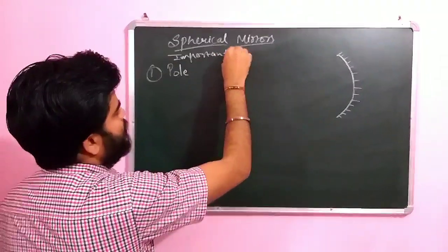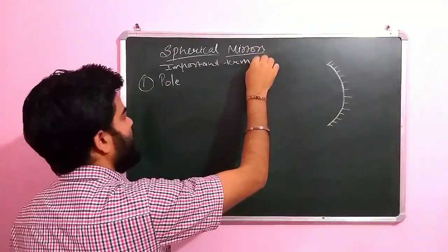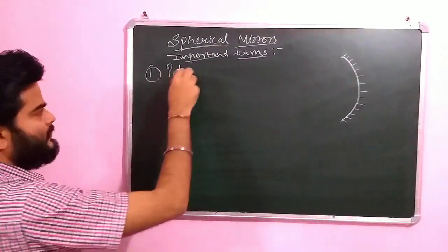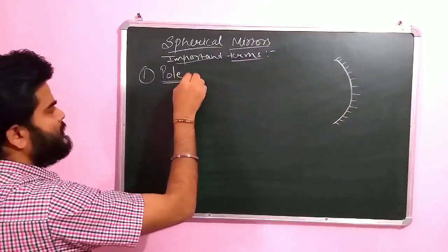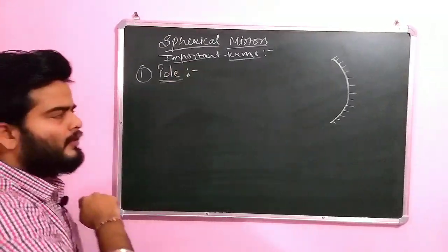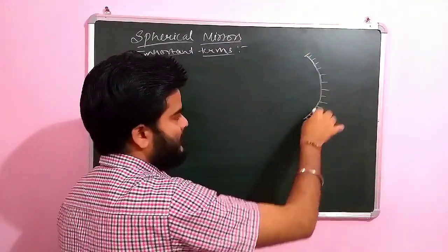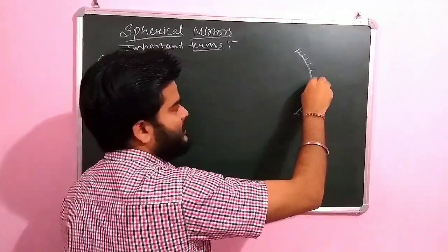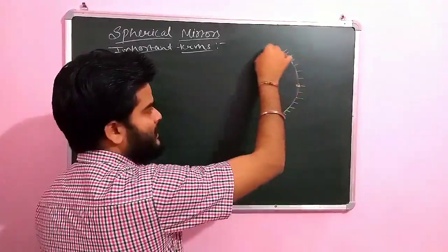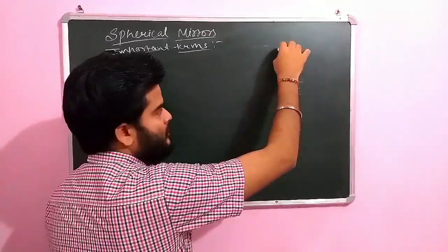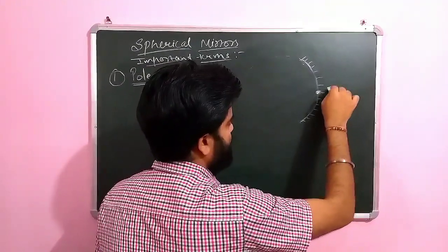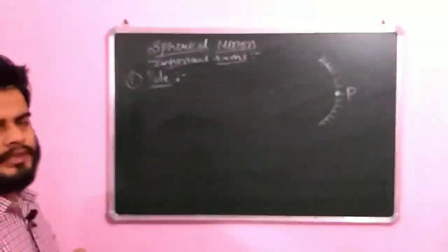We need to know these before we move on to image formation by spherical mirrors. So first term is pole. Pole is what? If this is the reflecting surface of a mirror, the center of this reflecting surface is known as pole of the mirror and it is represented by P.